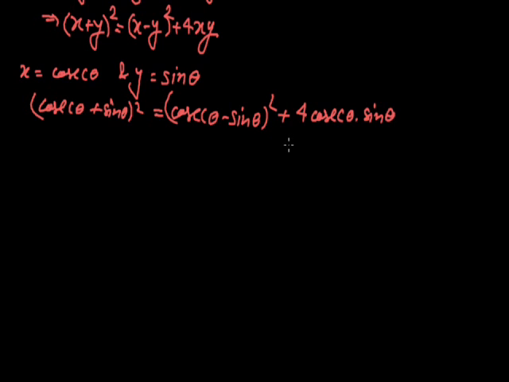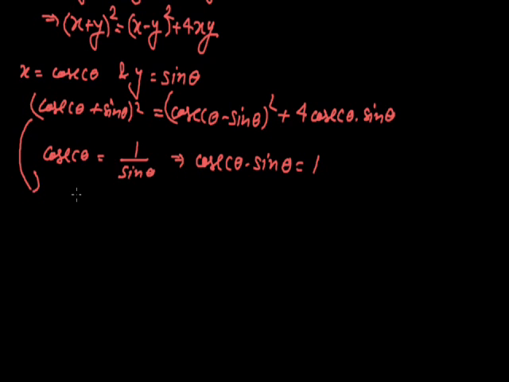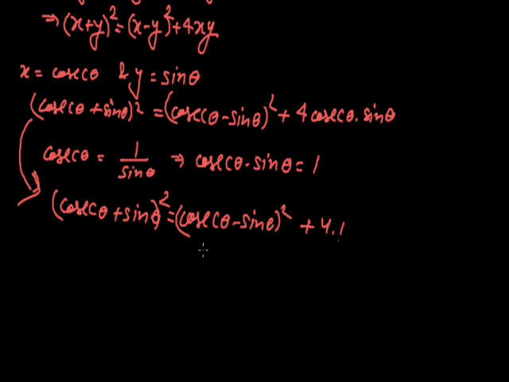Now, as we know that cosec theta is equal to 1 upon sin theta, so we have cosec theta into sin theta is equal to 1. So the above expression would be cosec theta plus sin theta whole square is equal to cosec theta minus sin theta whole square plus 4 into 1.